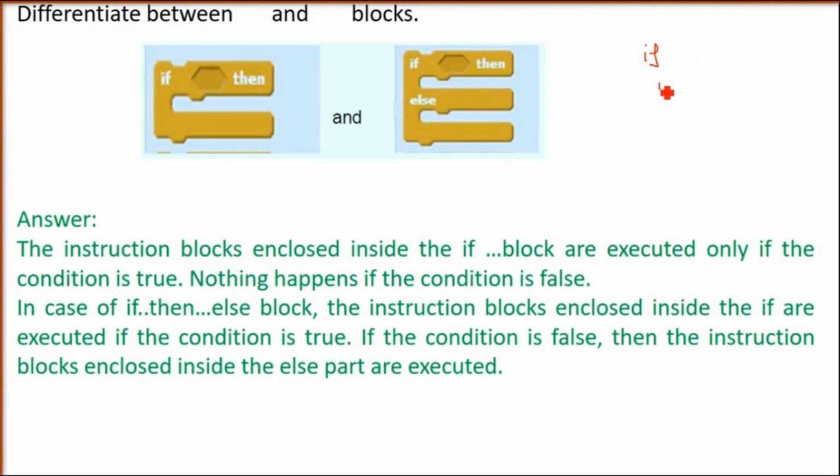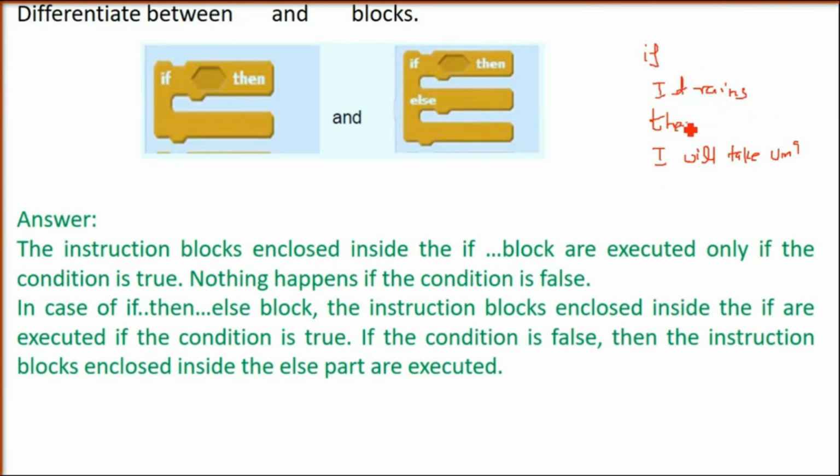If it rains, then I will take an umbrella, or I will buy an umbrella, or I will carry an umbrella. But this is the if then case. If it rains, then I will take an umbrella.